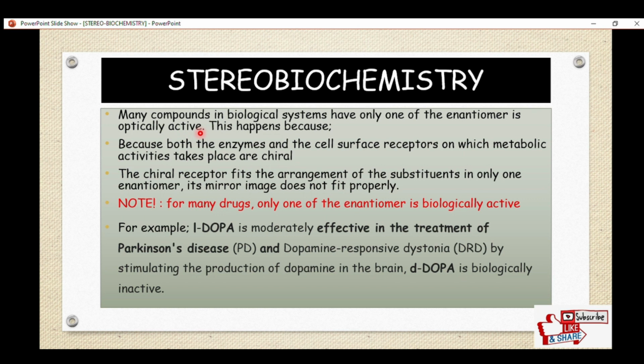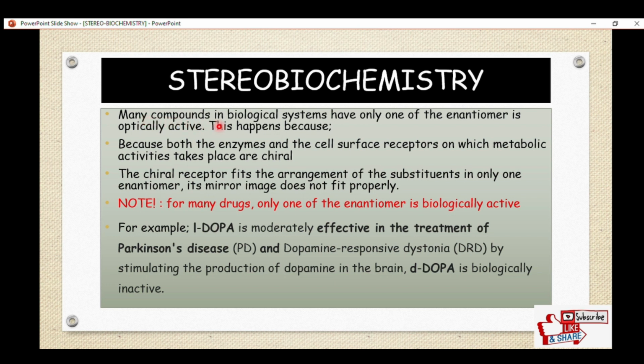When we take, for instance, D-glucose and L-glucose that we were talking of, the system in our body responds to only D-glucose. It's a sugar. So when we talk about sugars, our body responds to D-glucose. That's the sweetest one. So the body responds to D-glucose.